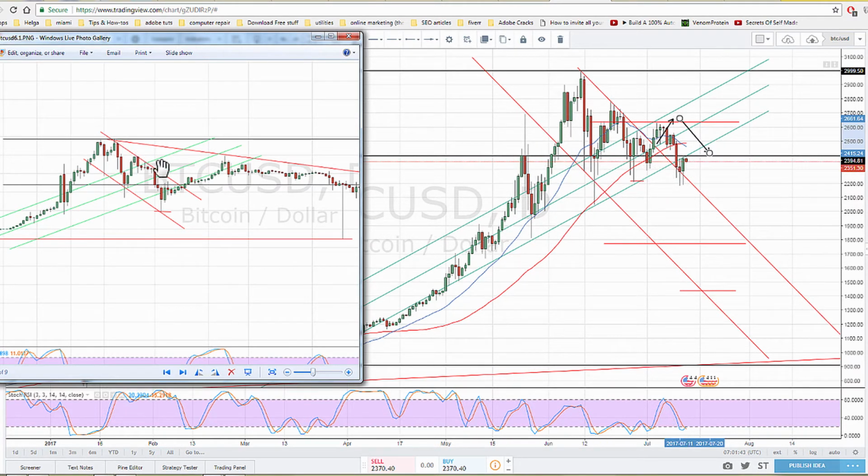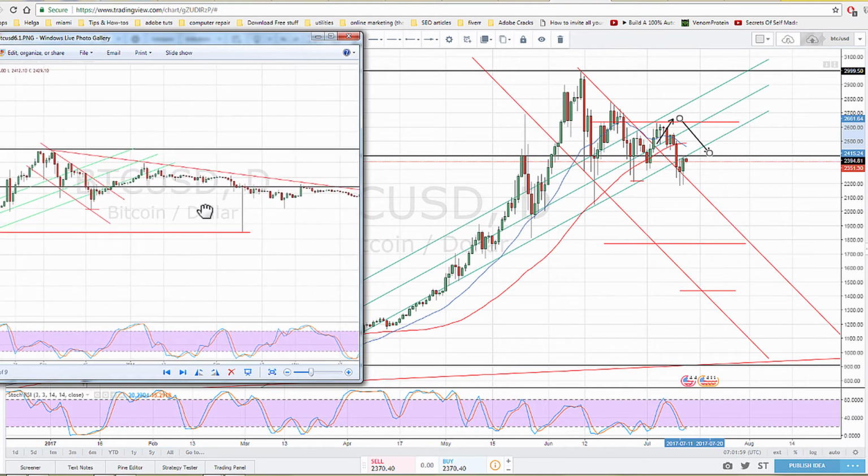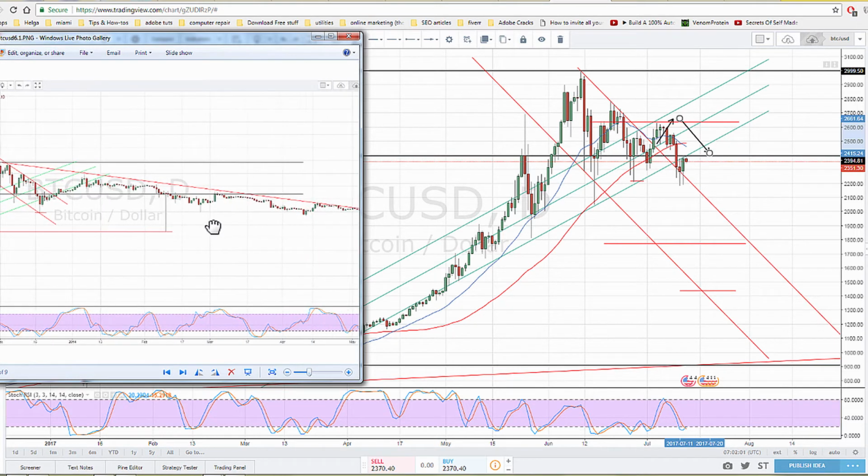And then after we went up here and touched this resistance in 2014, that served as a trend line for the future, as you can see, for a very long time while we were in the bear market.